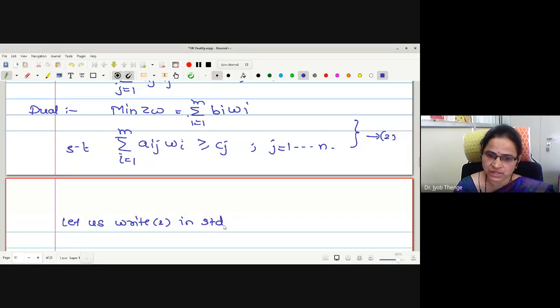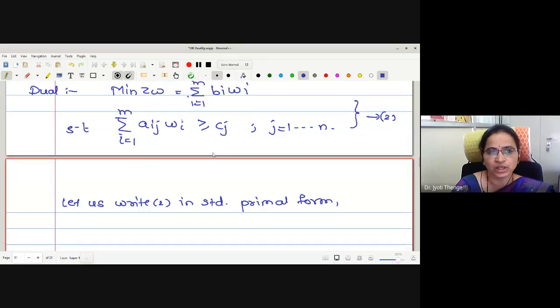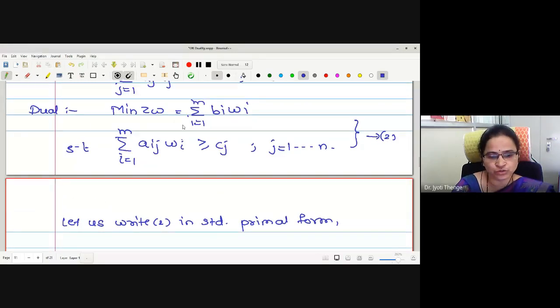Why am I writing it in this standard form? Because I want to find its dual. What is the standard primal form we have taken? Maximize objective function, constraints less than or equal. So what change should I do accordingly? This is maximize Zw dash, correct?